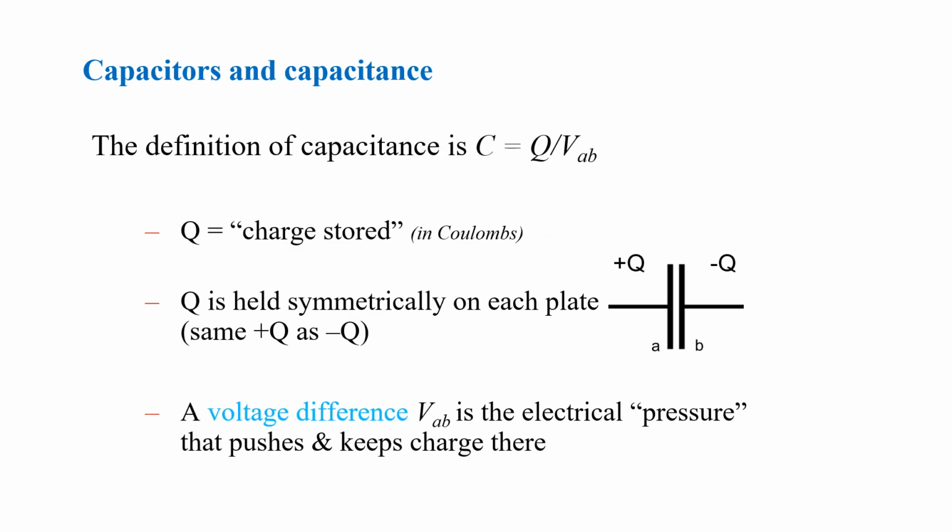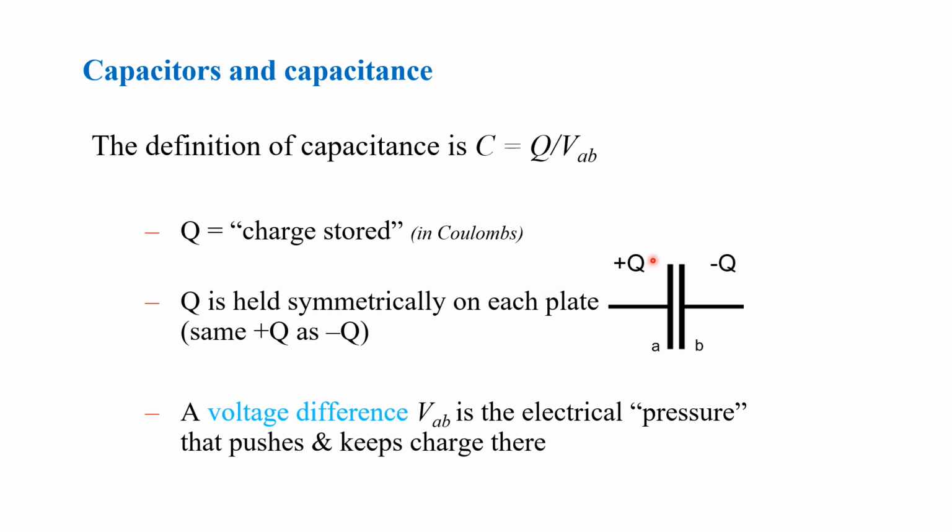The definition of capacitance, C, is equal to Q divided by V_AB. Here, Q is the charge stored that we were talking about earlier, and Q is in coulombs. Q is held symmetrically on each plate.